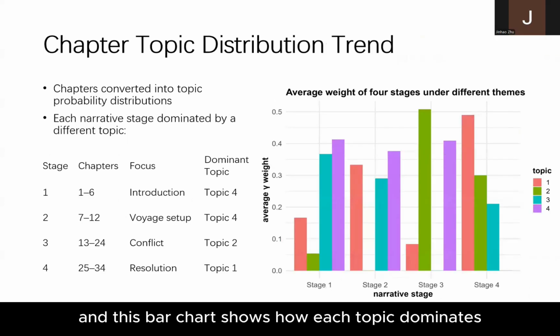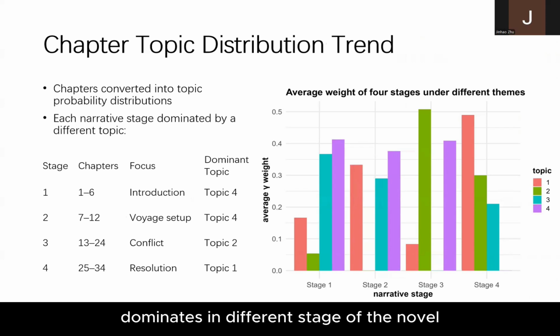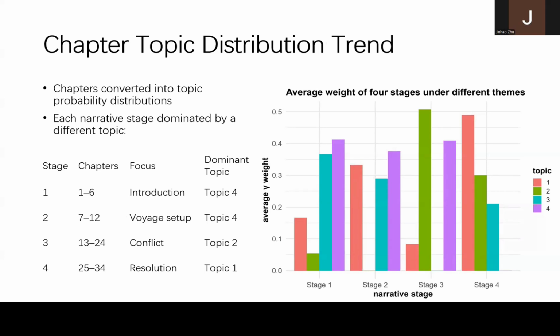And this bar chart shows how each topic dominates in different stages of the novel. Stages 1 and 2 are both dominated by topic 4, matching early conversation, planning, and leadership. Stage 3 shifts to topic 2, which reflects the island adventure and the mutiny.